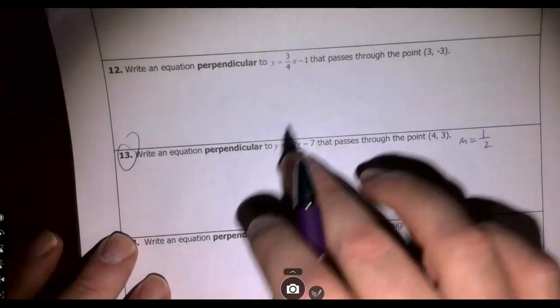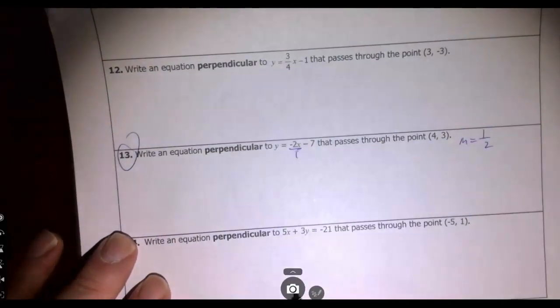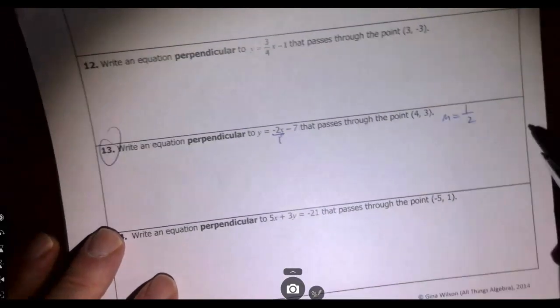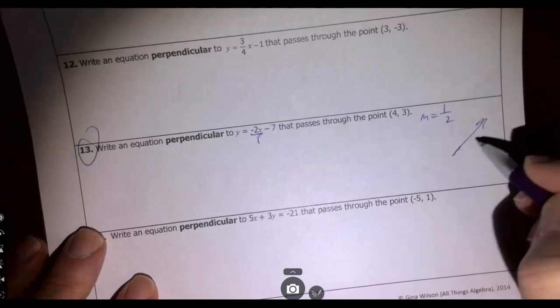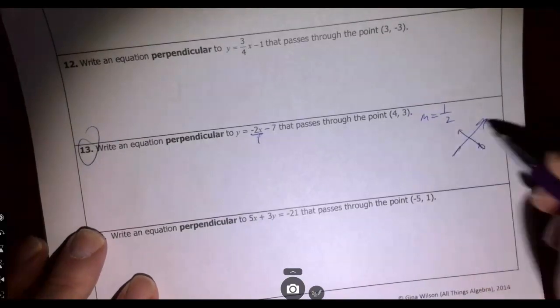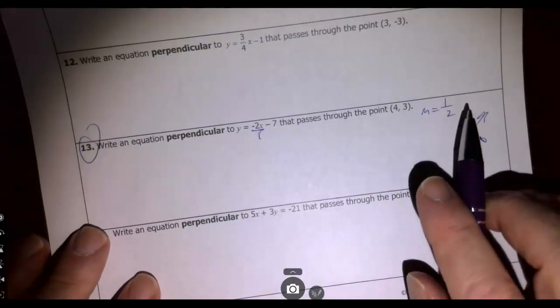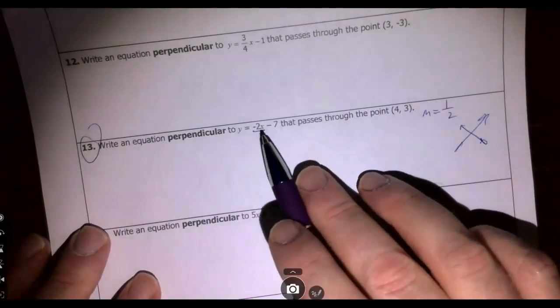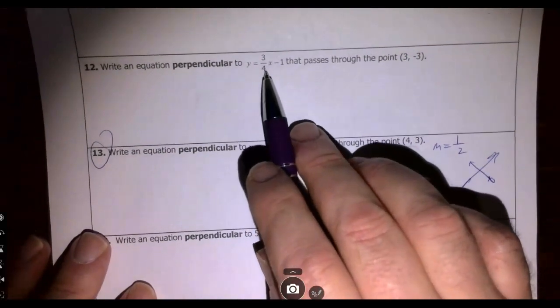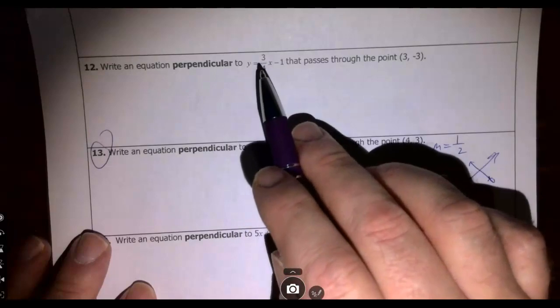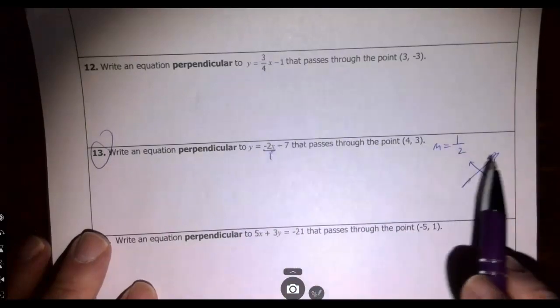Remember, if one's going uphill, the other one has to go downhill in order to make a T or an X to be perpendicular. If one's going up, the other one has to be going down. Since this one's going down, the other one's going up, and it's going to be the flip over of this number here. Again, if you look up here, this would be negative 4/3, so flipped over and sign changed on that one. But we're going to work on this one.